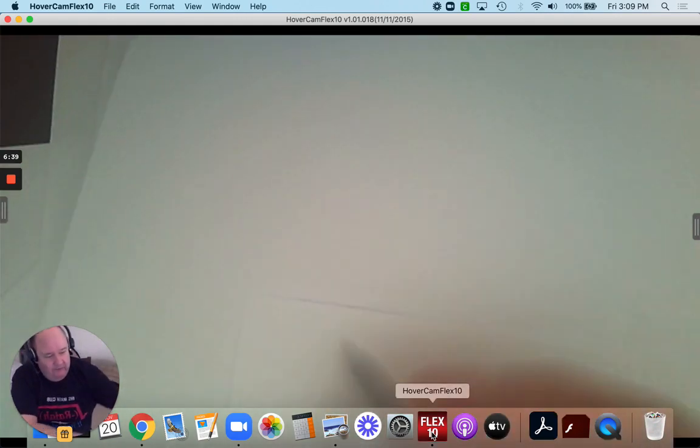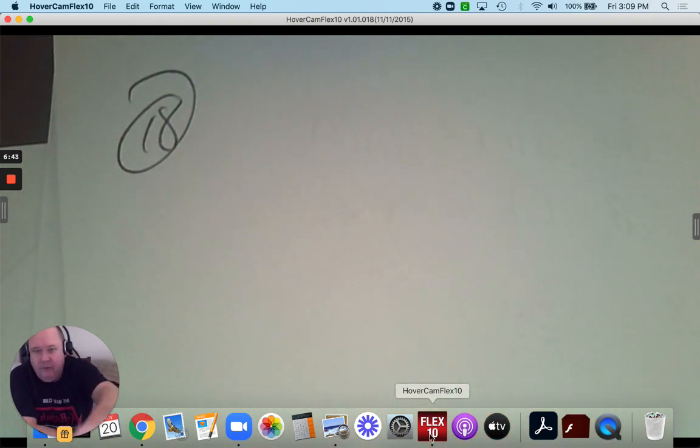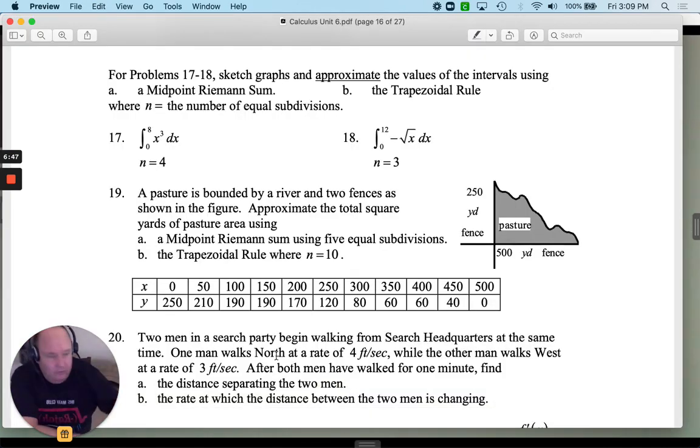Number 18. Same question, but with a different equation. So from 0 to 12, negative root x dx, n equals 3.